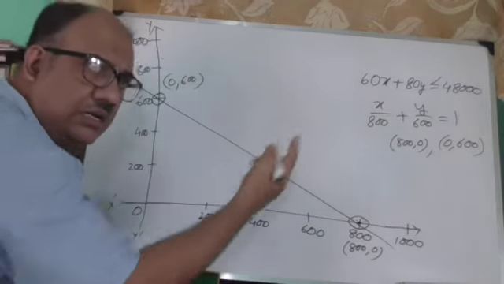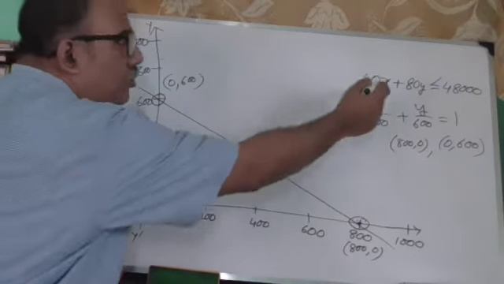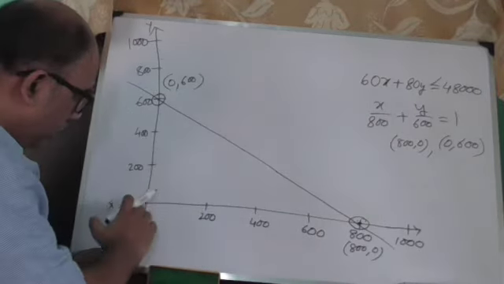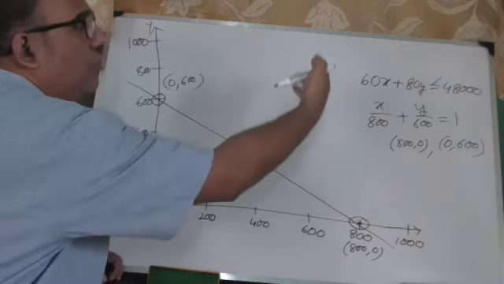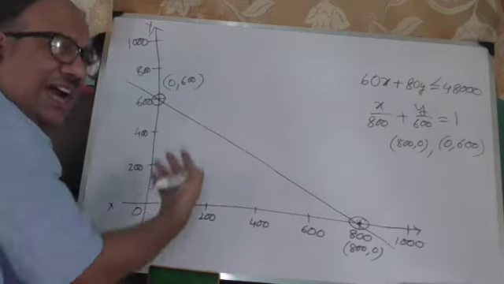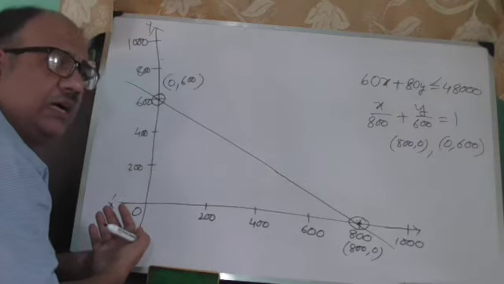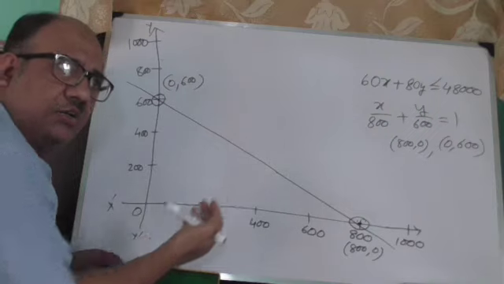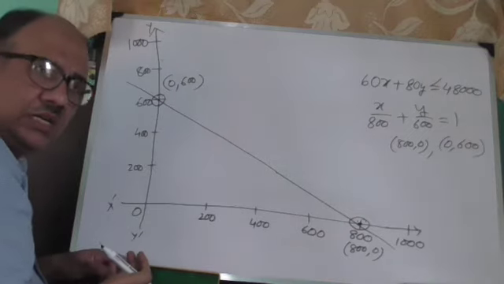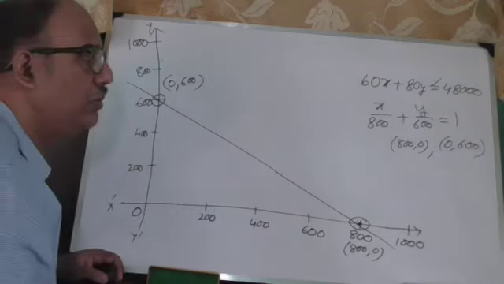We put the value of x as 0 and y as 0 just to check. 0, 0 is a point which belongs to this side, and if the condition is true for 0, 0, then the side containing 0, 0 is the side that satisfies our condition. Otherwise, the other side, which does not satisfy the condition, will be taken.